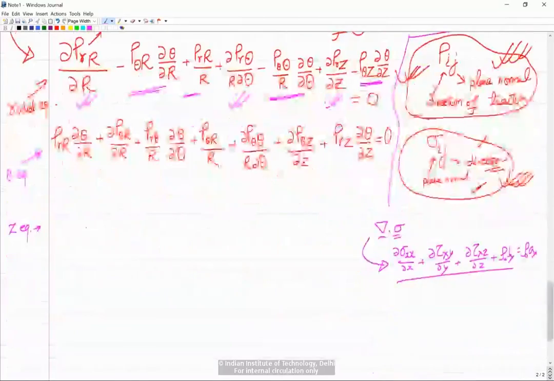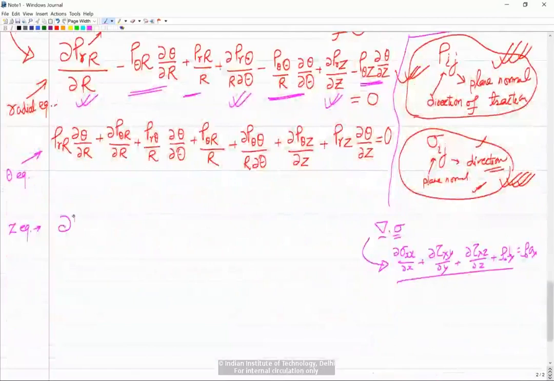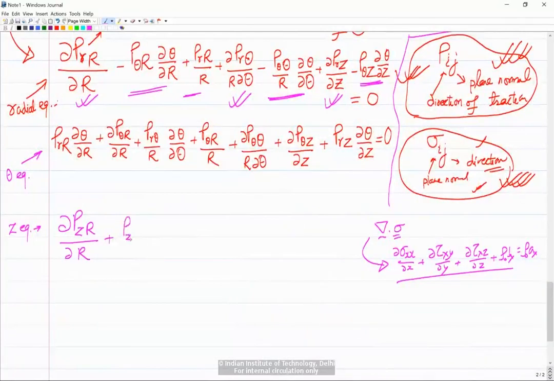And then the Z equation is ∂P_zR/∂R + P_zR/R + (1/R)∂P_zΘ/∂Θ + ∂P_zZ/∂Z = 0.